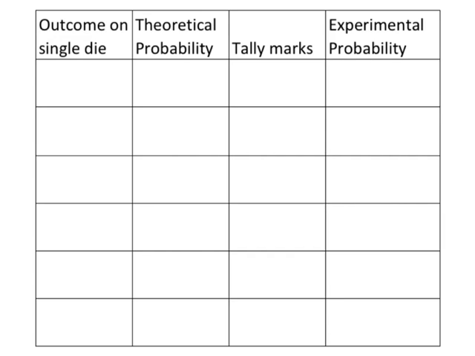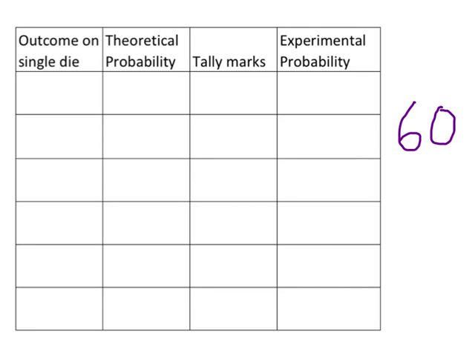In this experiment, you are going to roll your single die 60 times. Now you can do this experiment by yourself and roll the single die 60 times, or if you want to work with a partner, then you can each roll the die 30 times for a grand total of 60.